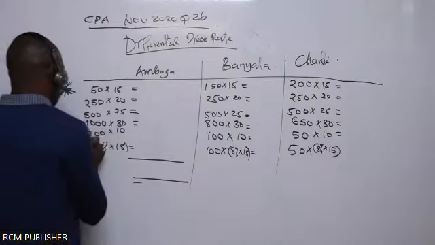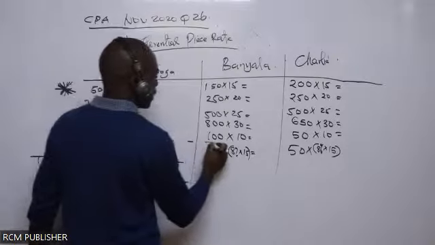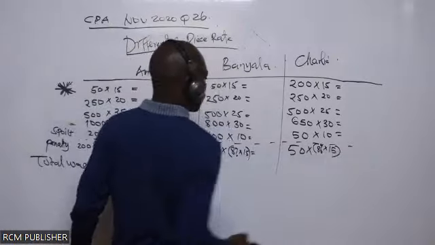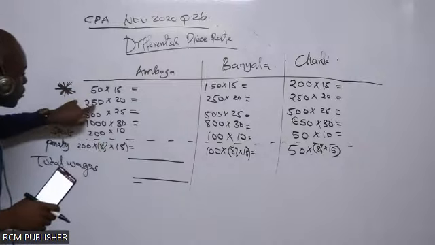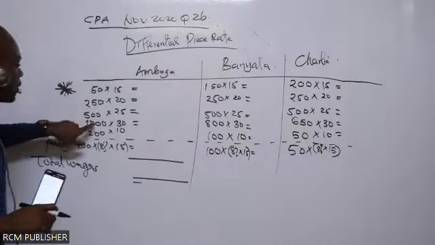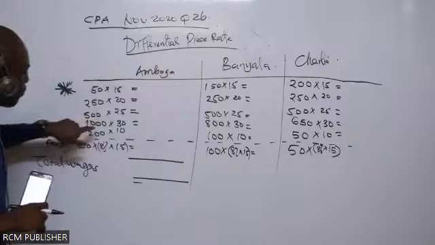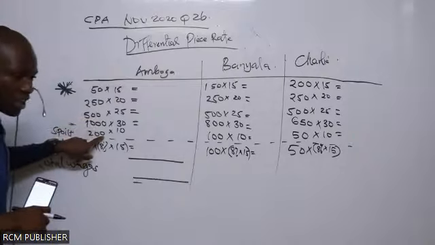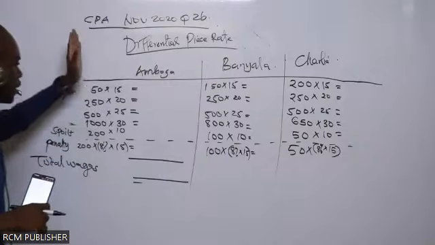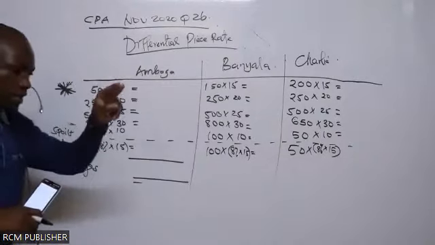Let's assume this penalty thing is not there. Try to add the units that you have. 50 plus 250, that is 300, 800, 1,000, 800, 2,000. If you look at the total goods that this person produced, it is 2,000.